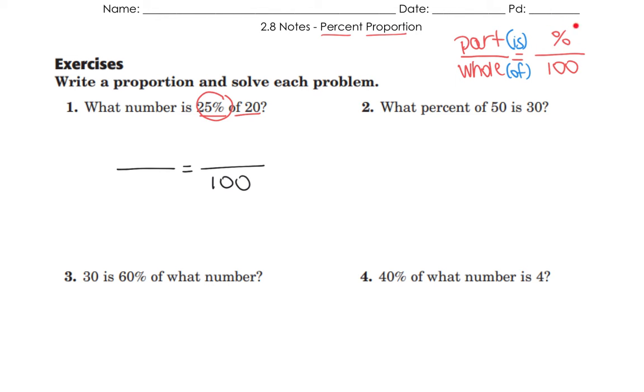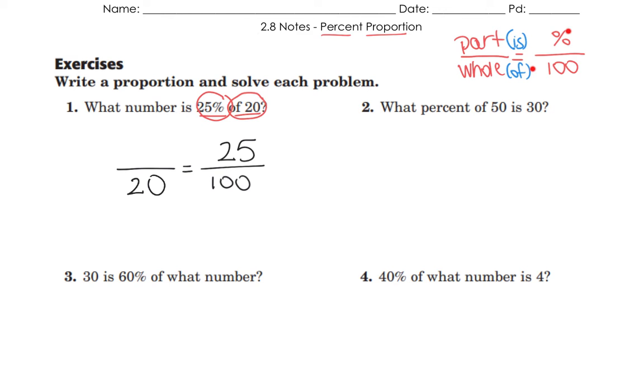So that means 25 has to go in the percent spot above the 100. So 25 is going to go here. The 20 has that word "of," which gives us a clue that 20 is the whole, which means in my percent proportion, the whole goes in the bottom left.